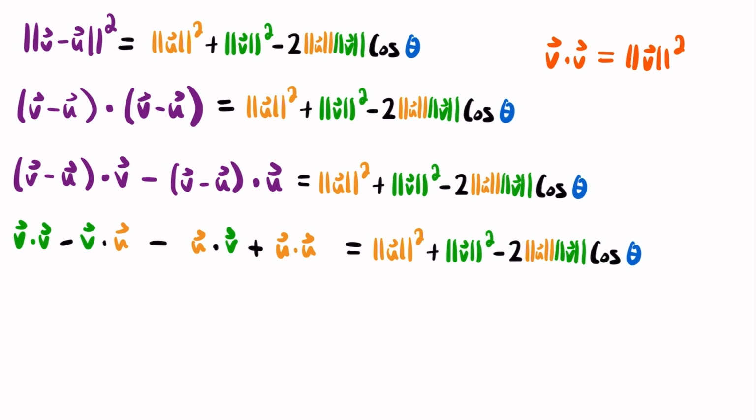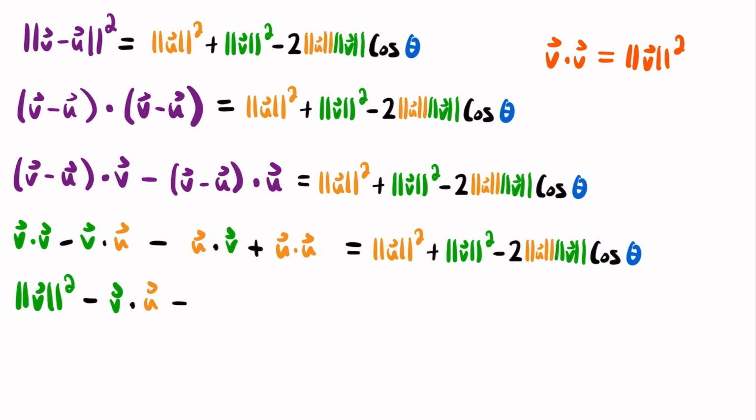Okay, and now this is really nice because now we have vector v multiplied by itself and vector u multiplied by itself, both of them via the dot product, and we know that that's going to be equal to the magnitude of those vectors squared, right? So really what we have here is the magnitude of vector v squared minus vector v times vector u minus vector u times vector v.